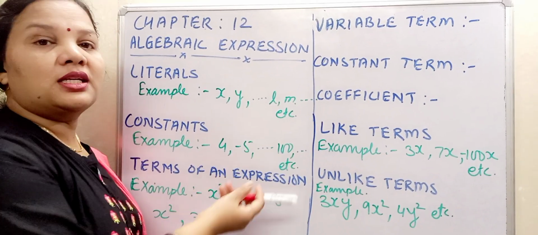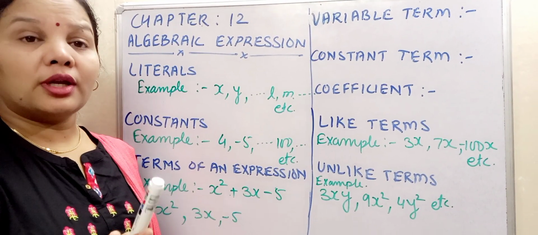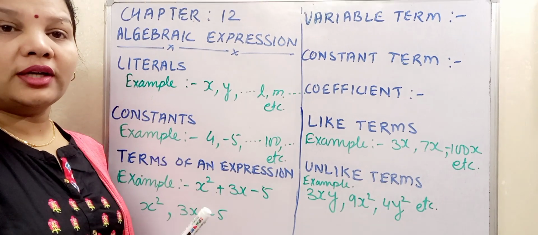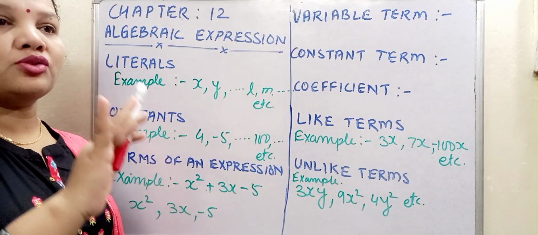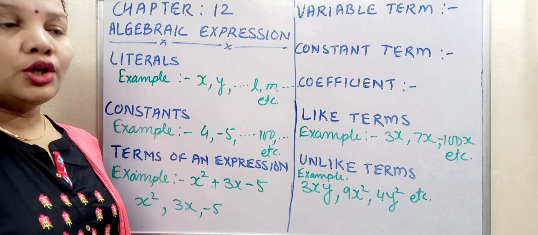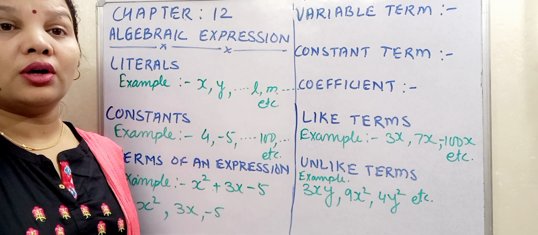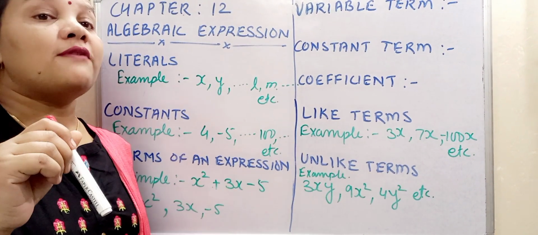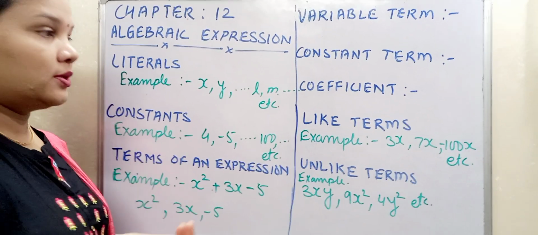Obviously, minus 5 is minus 5. We cannot convert it. 100 is 100. So all these numerical quantities have fixed values. We are not going to write 4 in place of 5. So these kinds of quantities are known as constants, which are numerical quantities or numeric terms.